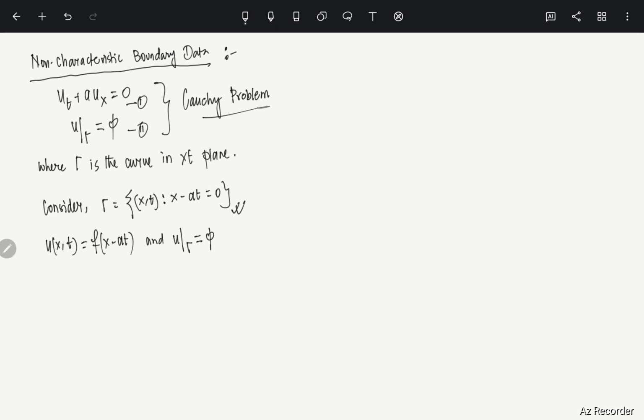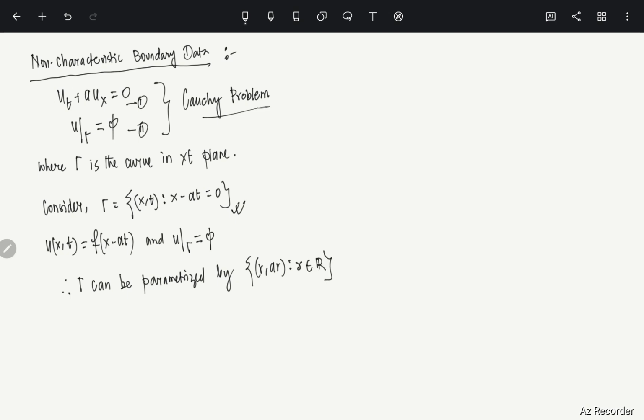You do realize that gamma can be parameterized by r and a r, where r is in the reals.